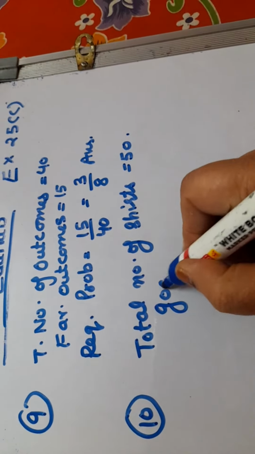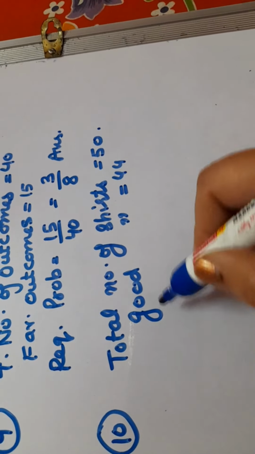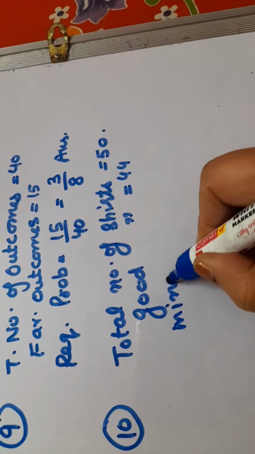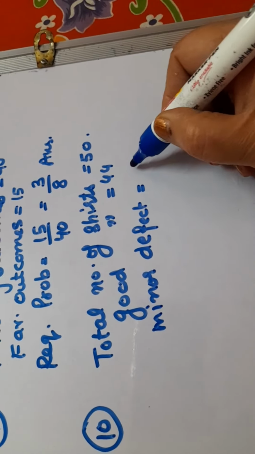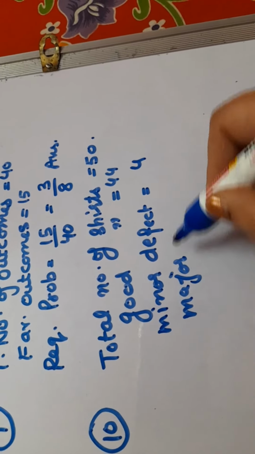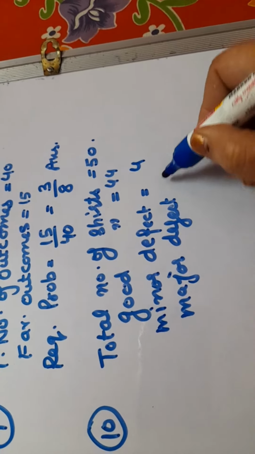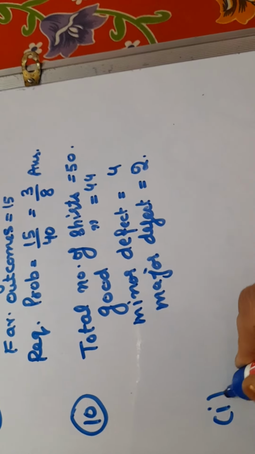Good shirts 44. Shirts with minor defect 4, and with major defects 2.